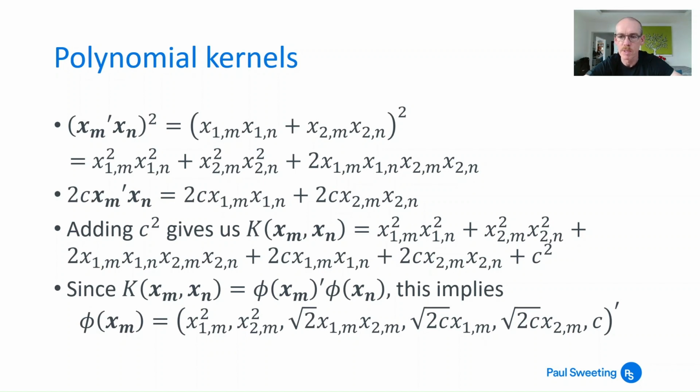So you've got quite a few terms in there. And as you can see, that c is going to be something which determines the relative importance of the x1m and x2m terms and their squared and cross products. So it gives you a few more degrees of freedom to play with there.